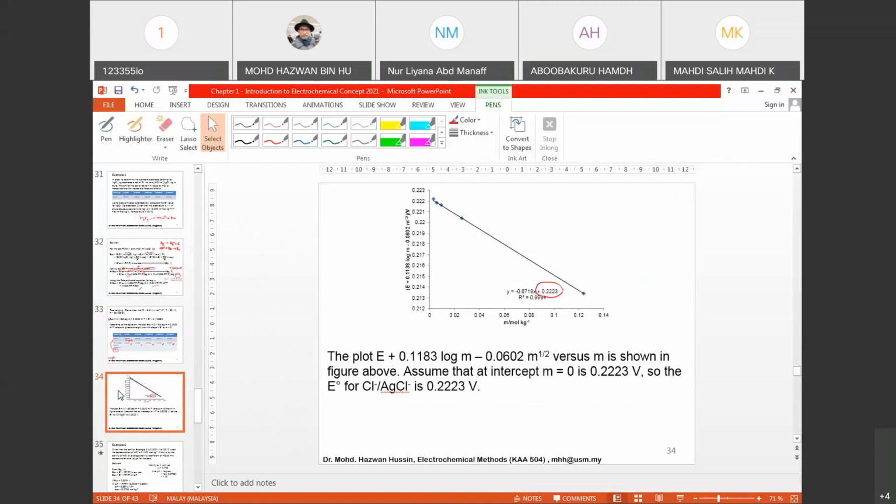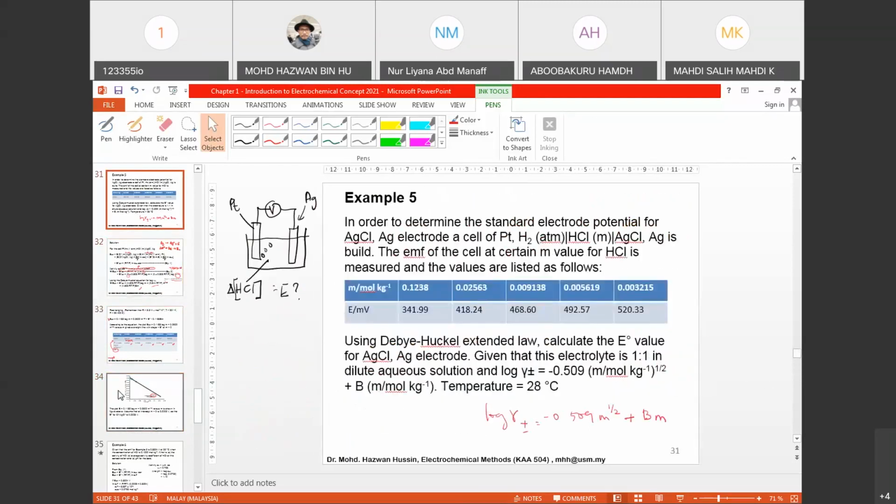So these are a few tips that I would like to share with you if you happen to answer this kind of question. As I said, the bottom line of this question is that you have a setup with different concentrations of acid, you put platinum and silver as the electrodes, and you measure the potential value at different concentrations of acid. With this, people might ask, what will be the standard potential of the silver chloride electrode, considering the Debye-Huckel limiting law?